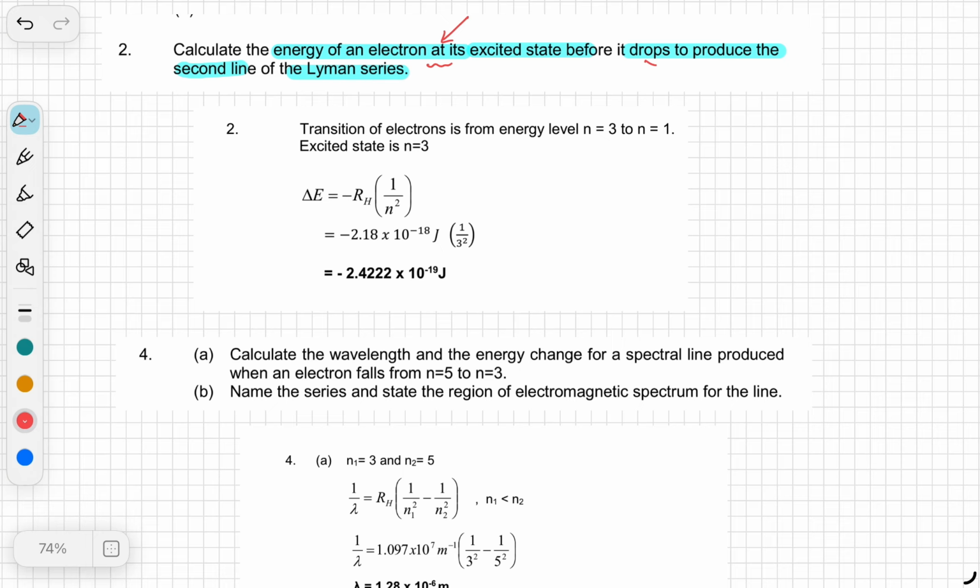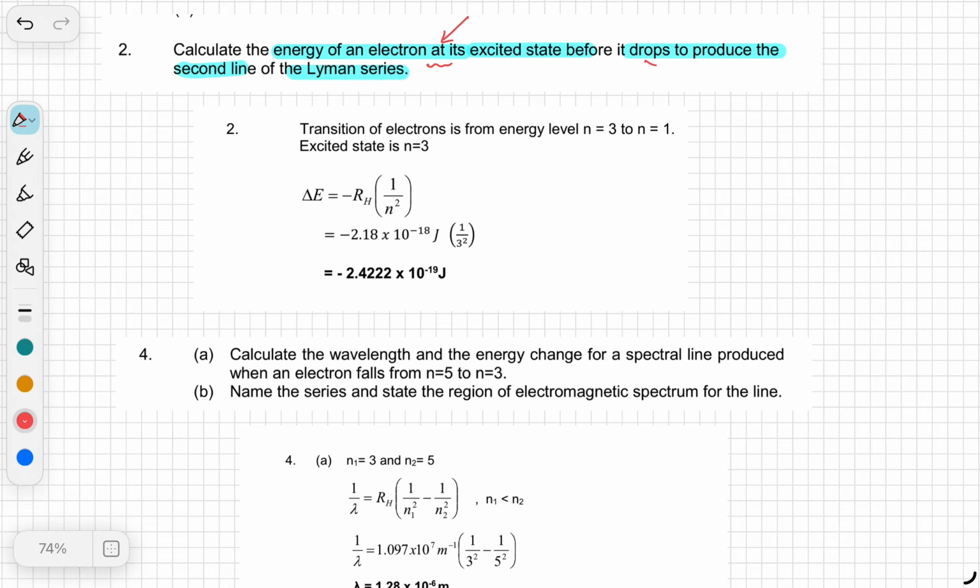So next, since we have found the wavelength, we can find the energy using our SPM formula, which is delta E equals to hc over lambda. When you use this formula, automatically your final answer will be in positive answer. Okay, so you don't have to give a conclusion that energy is emitted.